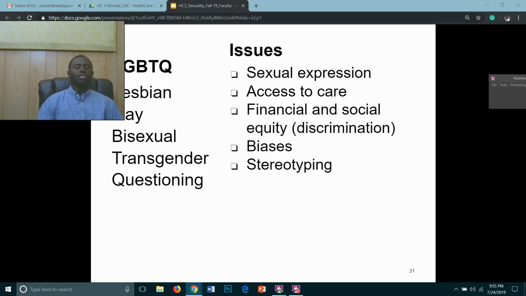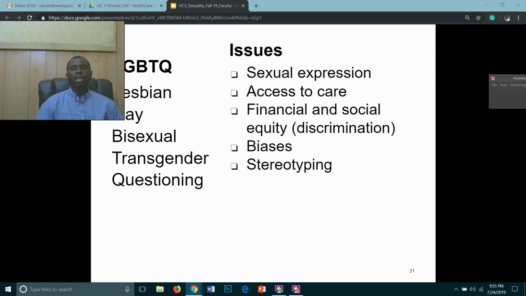There are certain groups and populations that need special attention when it comes to sexuality. Clients who identify as lesbian, gay, bisexual, transgender, and questioning, known as LGBTQ, may have unique needs related to sexual health and prevention or treatment of sexually related infections.